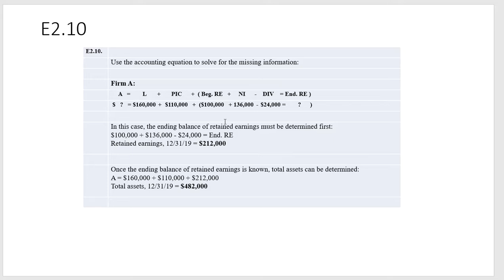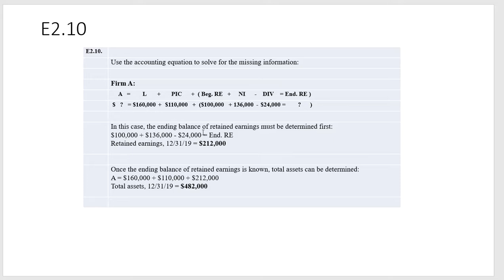We have a couple of missing amounts in this equation for firm A, and you'll see that we don't know what ending retained earnings is, and we don't know what assets are. So what we have to do first is figure out ending retained earnings, so we can then add that to the 110 and the 160 to get assets.